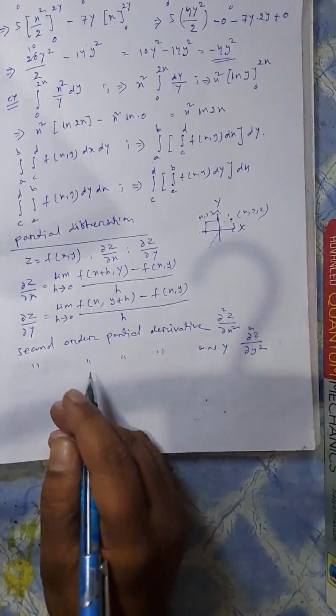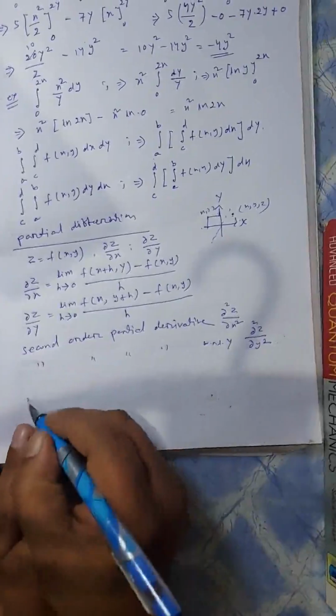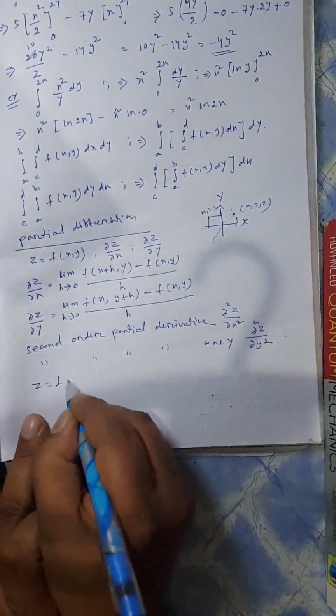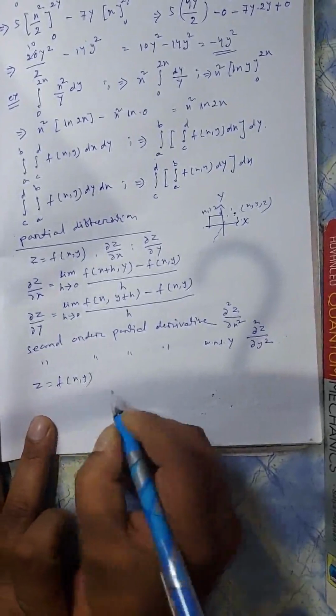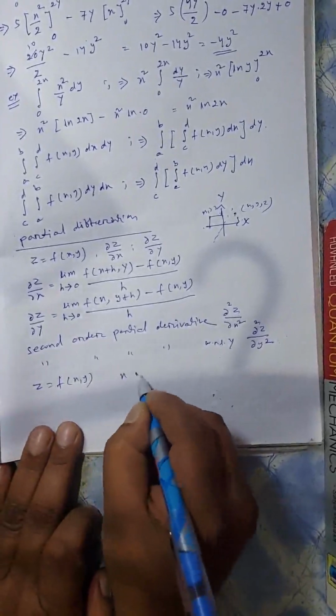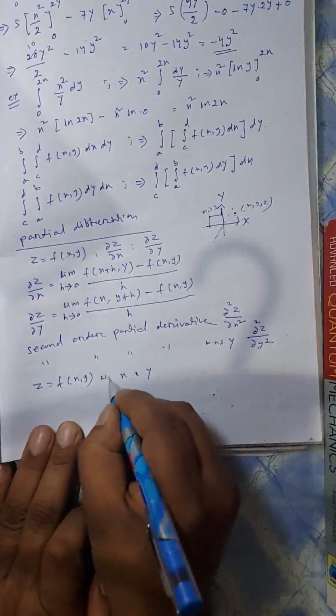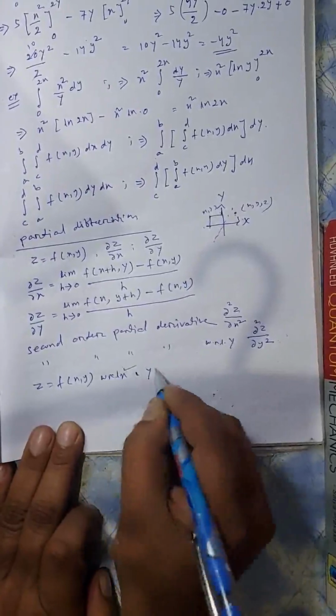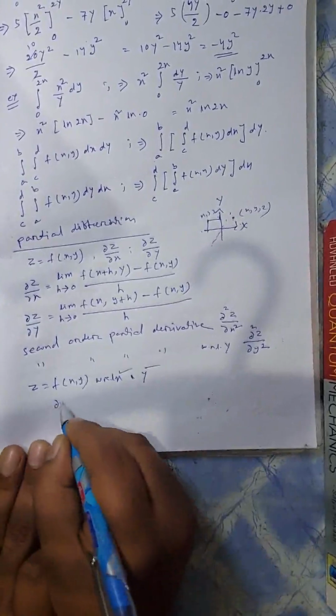Suppose we differentiate this z, which is a function of x and y, with respect to x and with respect to y. How do we differentiate?